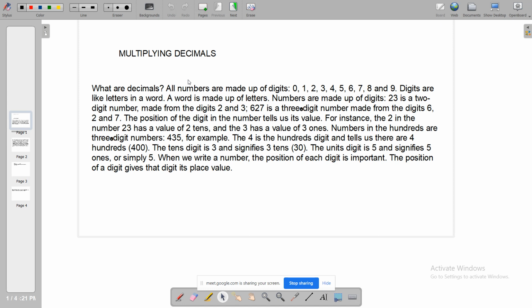The tens digit signifies 3 tens. The units digit is 5, which signifies 5 ones, or simply 5. When we write the number, the position of each digit is important. The position of the digit gives that digit a place value.